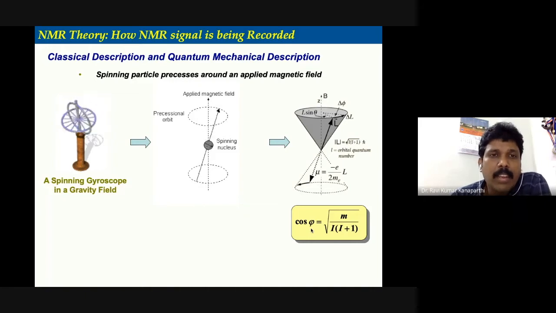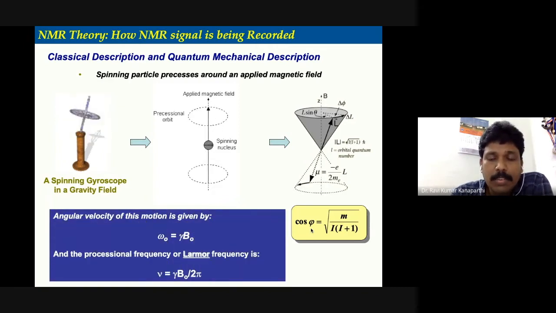Well, with this background, let us start understanding how this process actually takes place. Classically, we know that if you have a non-zero spin quantum number nucleus, then when you place it in an external magnetic field, it starts precessing with a certain frequency.